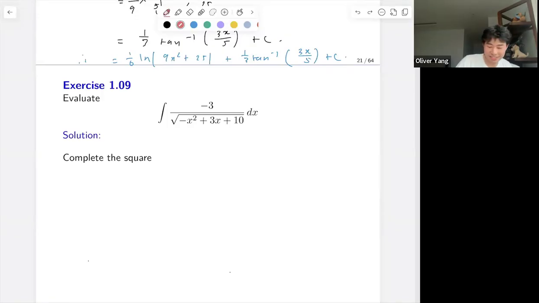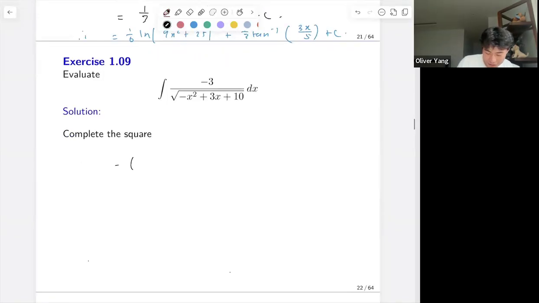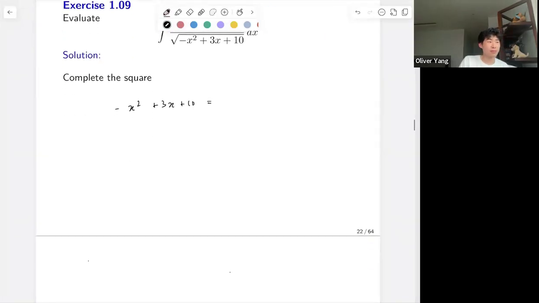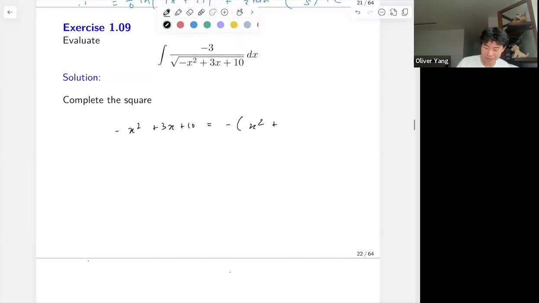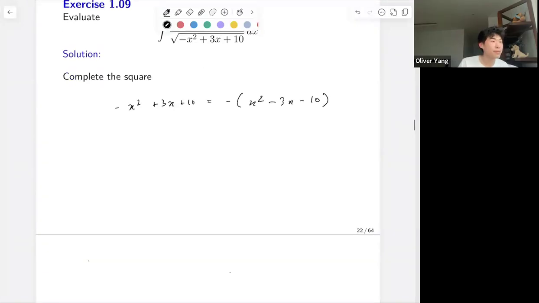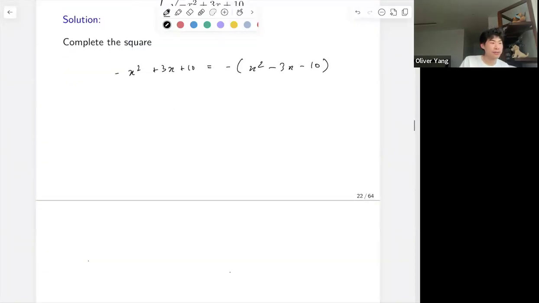All right, so first of all, we want to get this polynomial out. So why don't we just factorize our negative out because no one wants to deal with that. So it would be negative x squared plus 3x plus 10.